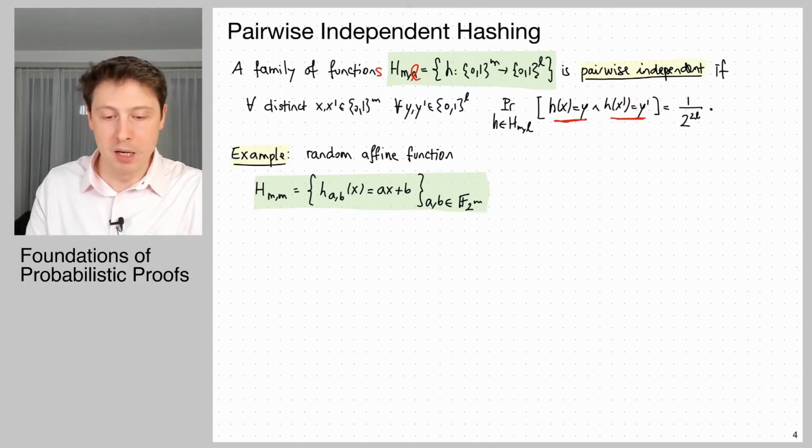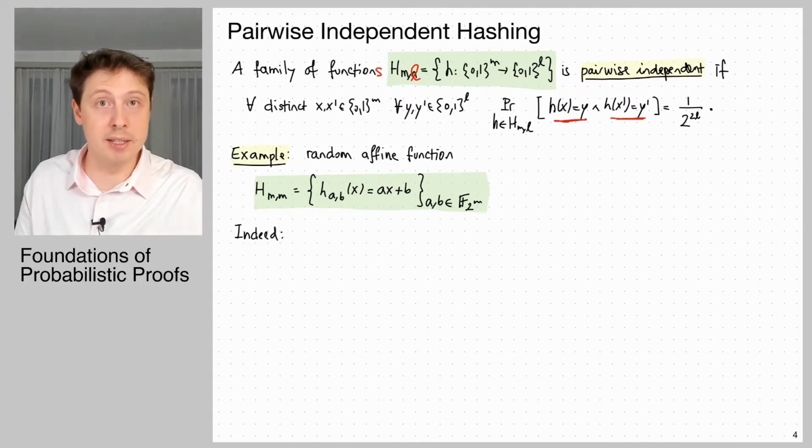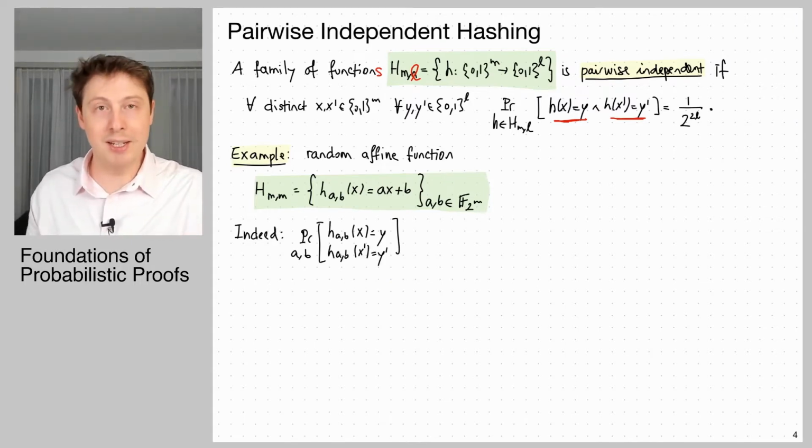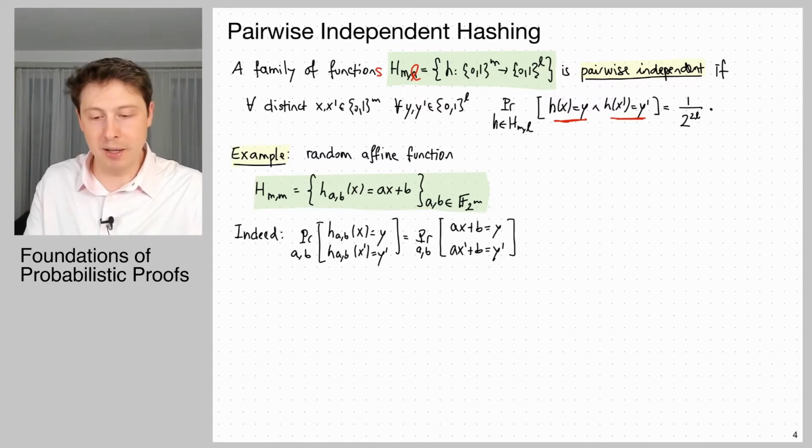Let's quickly see why this is pairwise independent. We want to look at whether a random function from the family, which is equivalent to sampling a and b independently as elements in the field, satisfies the event h_{a,b}(x) equals y and h_{a,b}(x prime) equals y prime. By construction, we're comparing these two events: ax plus b equals y, and ax prime plus b equals y prime.